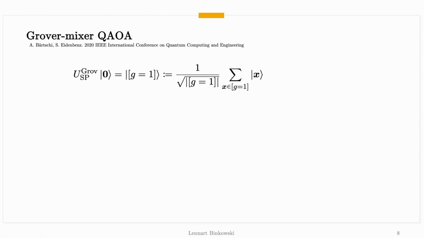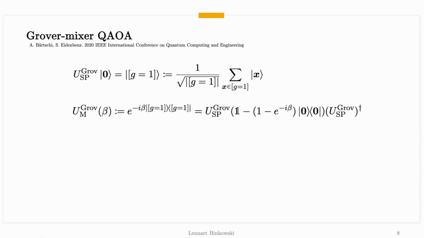Let's assume we already have constructed a unitary U-Grover-SP, which maps the zero state to the uniform superposition of all feasible computational basis states. I denote this with the ket of G equals 1.